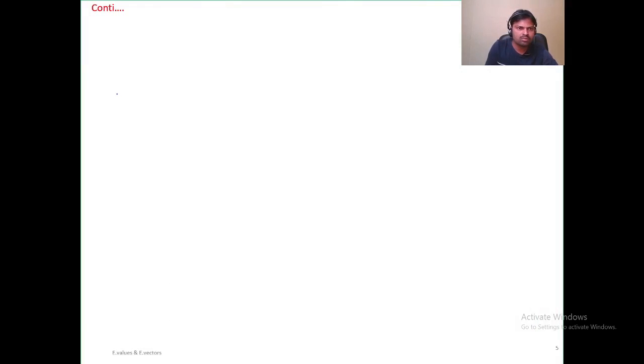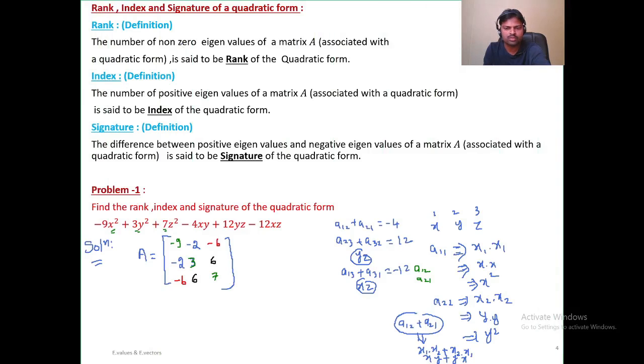So now assume the matrix A. Let me write again the matrix A minus lambda I, because I want the characteristic equation. So A minus lambda I. What is matrix A? Minus 9, minus 2, minus 6.